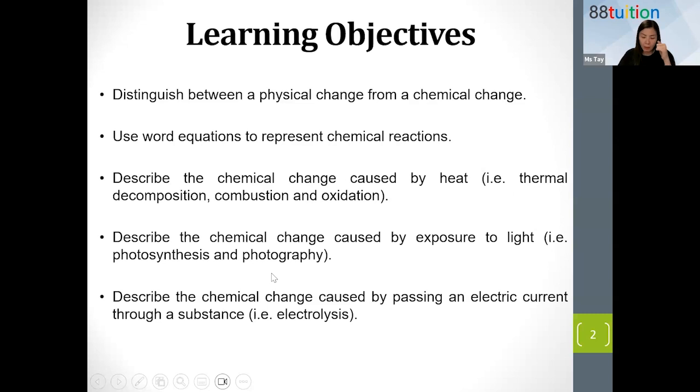Then another chemical change is caused by passing electricity through the substance. So you pass an electric current through the substance, you can break it down. That process is known as electrolysis. So in total, you have thermal decomposition, combustion, oxidation, photosynthesis, photography, and electrolysis. All these you need to know. We are covering this lesson.